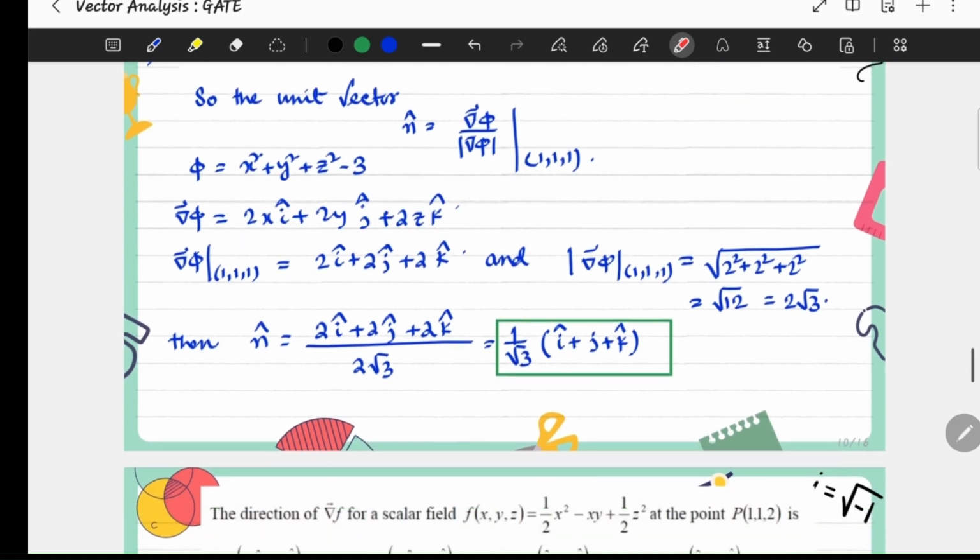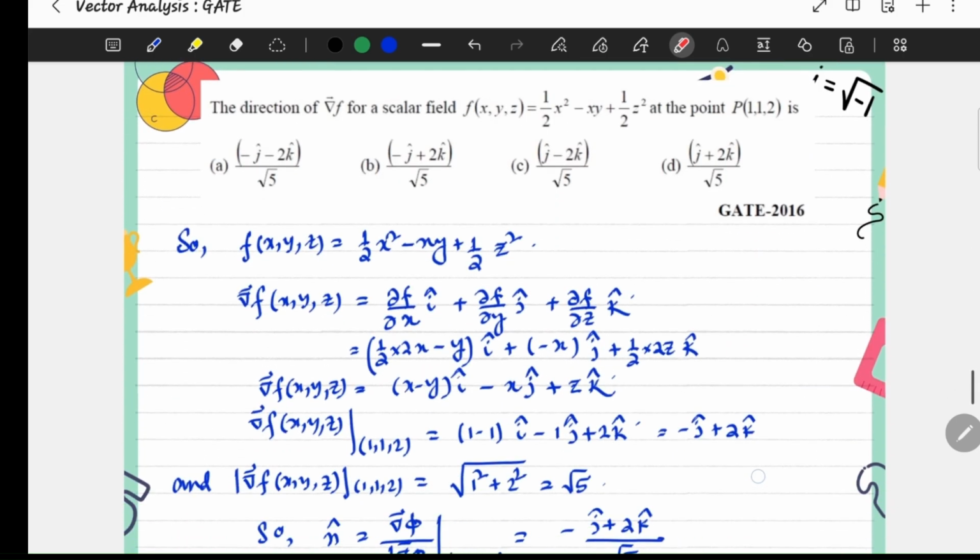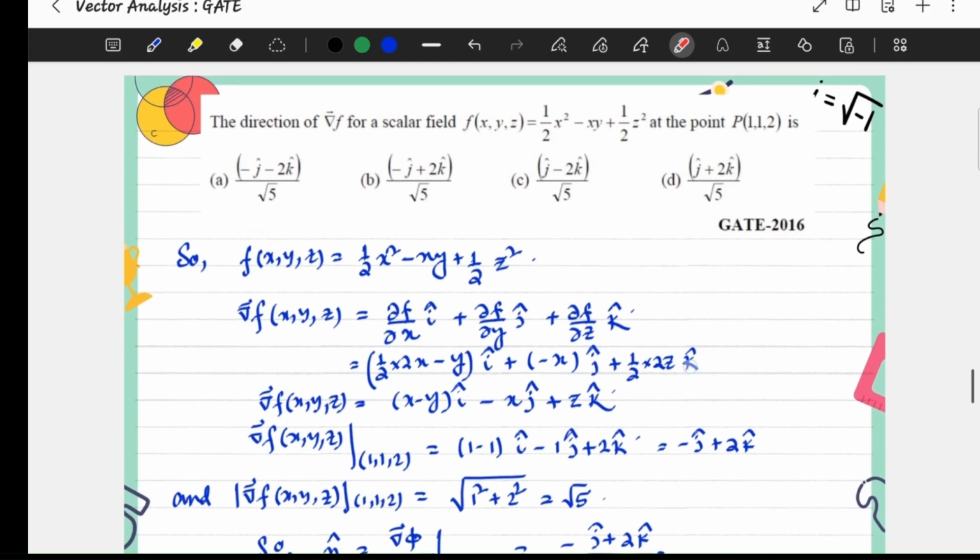Just a simple one line calculation, and put x, y and z values 1, 1, 1. You will get 2i cap, 2j cap, 2k cap. Now find out the modulus. The modulus is root over 12 or 2 root 3. Now put the values here and you will get this unit vector. Okay, done. See, this is again the same kind of question.